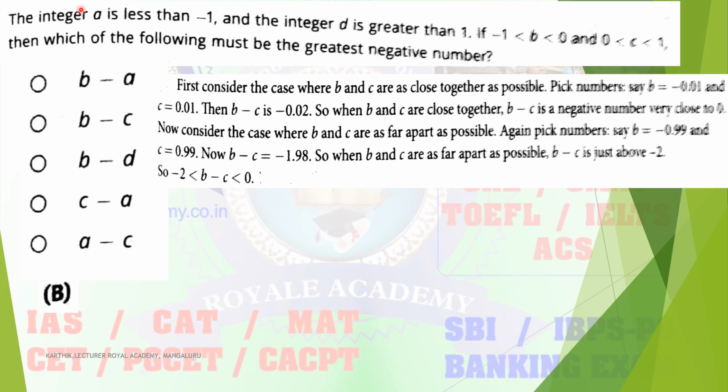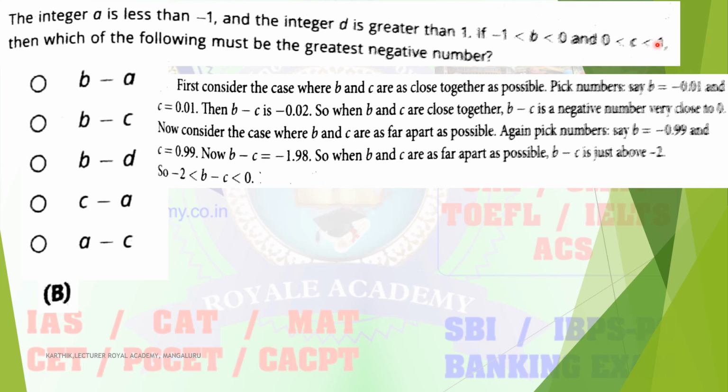So first choose values nearest to 0. b should be between -1 and 0, c should be between 0 and 1. Here c is in the negative place, so that you will get the greatest negative number. For the second case, I choose b equal to -0.99 and c equal to 0.99.